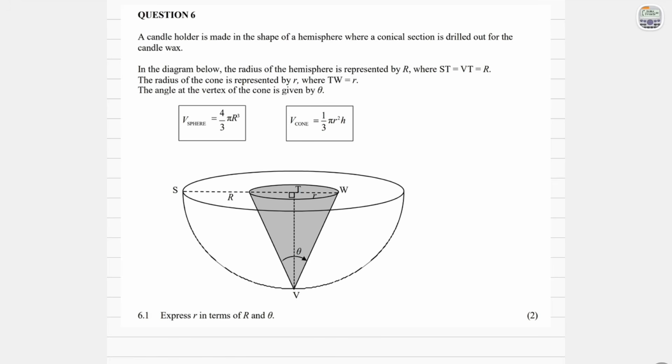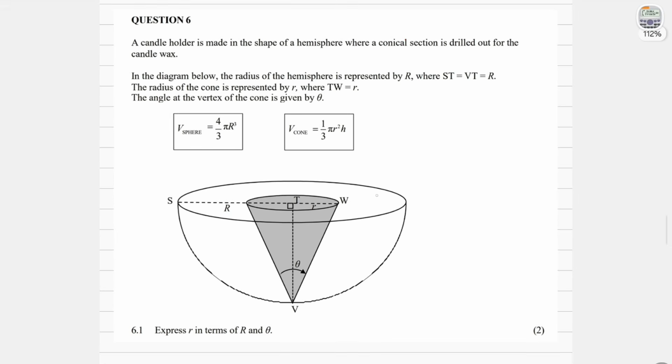Question 6 says, a candle holder is made in the shape of a hemisphere where a conical section is drilled out for the candle wax. So that's the part that is drilled out. In the diagram below, the radius of the hemisphere is represented by big R, which is this, where ST is equal to VT, which is equal to R. So that is from the center to the surface of that hemisphere.